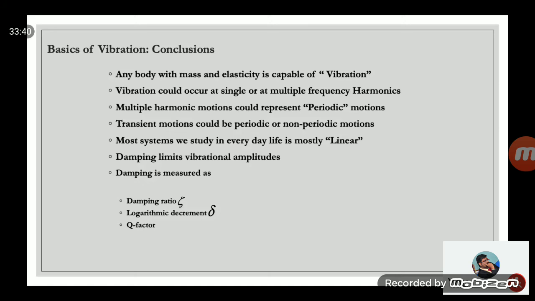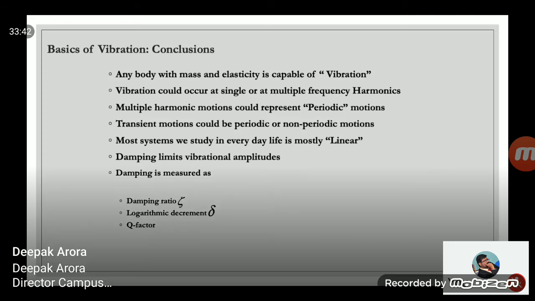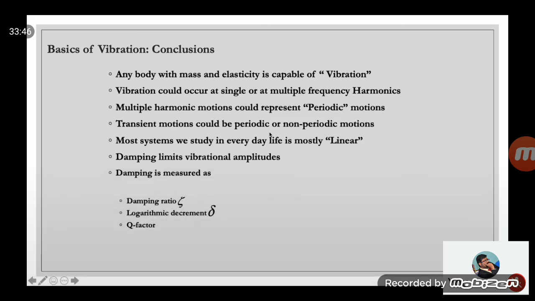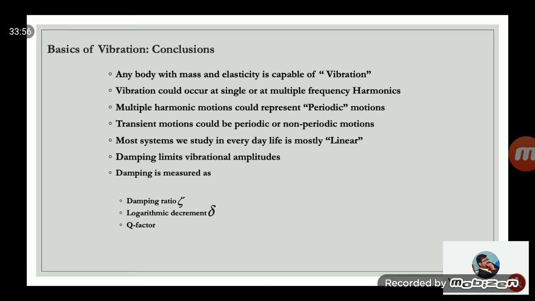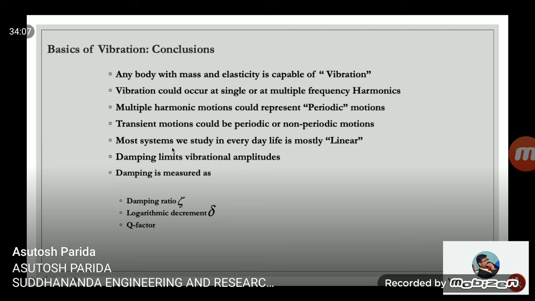Sometimes we call it periodic motion. Transient motions could be periodic or non-periodic. A transient is basically time-dependent motion. It could be periodic in the sense that it has the same period at all times, or non-periodic. Non-periodic we are not interested in here because in general our systems don't behave that way, and if they do, it needs a different treatment.